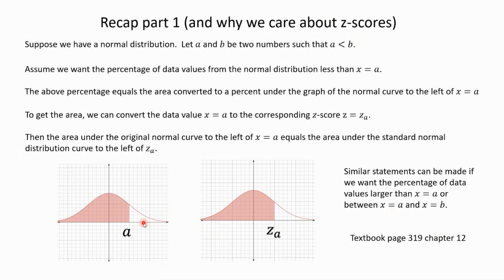And if you wanted the percentage of data values bigger than A, you would get the area to the right of A. You get the z-score, and you look at the area to the right of the z-score under the standard normal distribution curve. So essentially, you're getting the corresponding area under the standard normal distribution curve. Instead of the data values, you're using the z-scores. That's really what it boils down to.